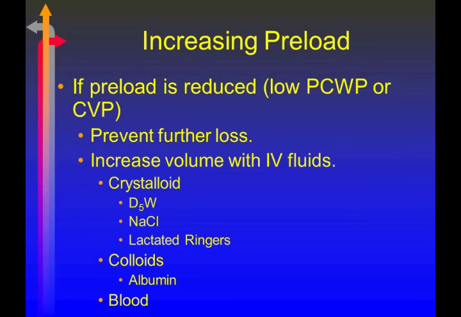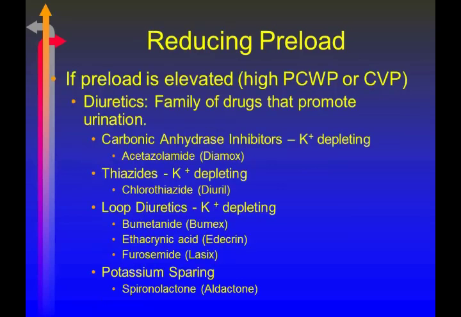But we can also increase that volume by use of crystalloids, which is typically in your IV fluids, normal saline, lactated ringers, D5W. Colloids, things like albumin, and blood. So there are multiple ways to increase the preload. If the preload is too high, we're going to use diuretics. Remember from last fall, the primary types being the carbonic anhydrase inhibitors that are potassium sparing.